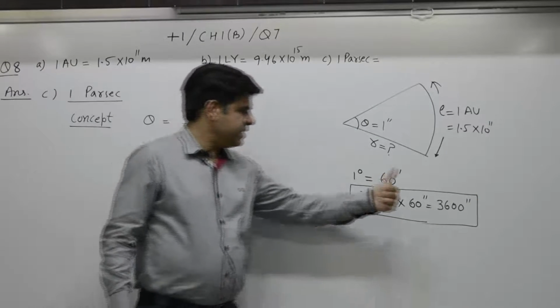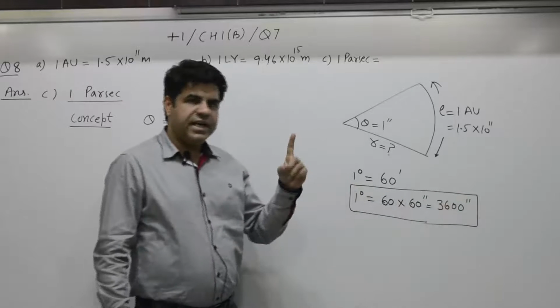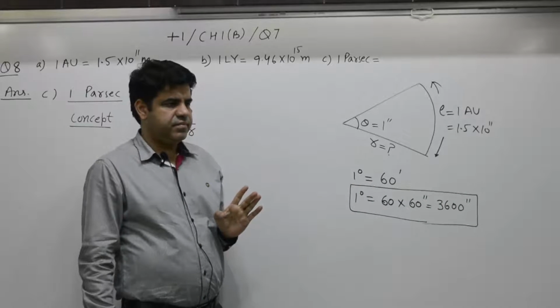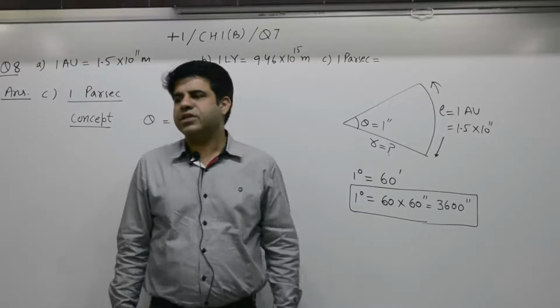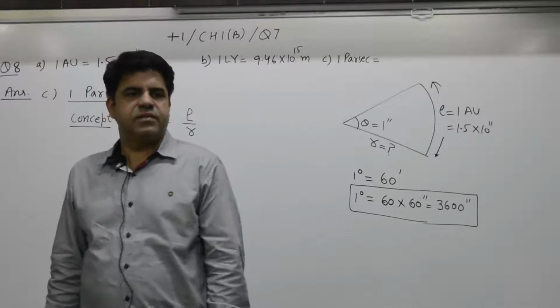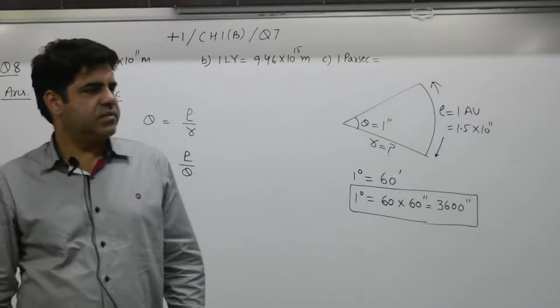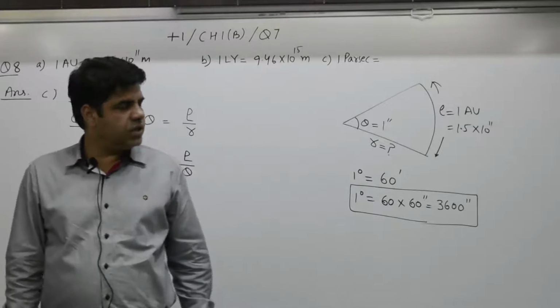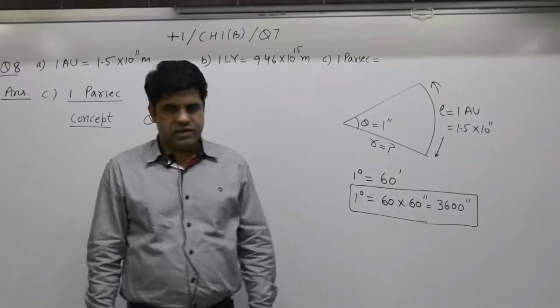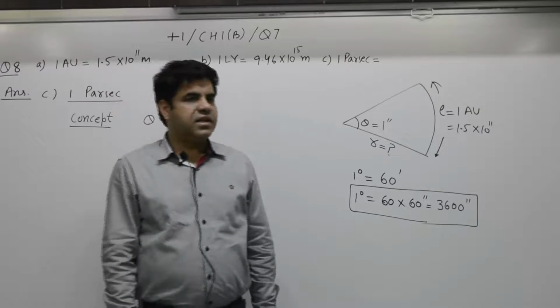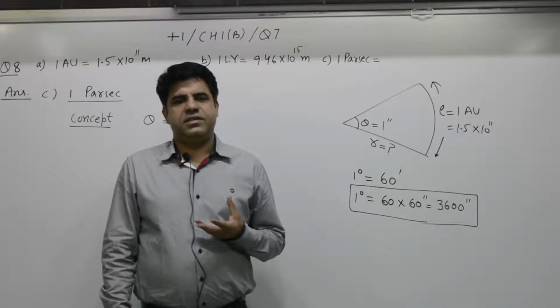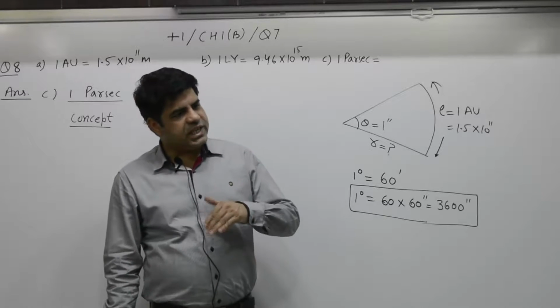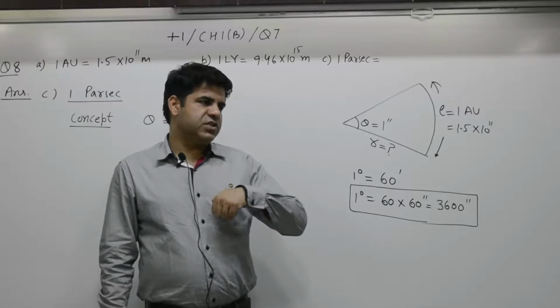So I can write 1 second in terms of degree. Agreed? But degree is not an SI unit. The SI unit of angle is radian. So you will have to change degrees to radians. What is the relationship?